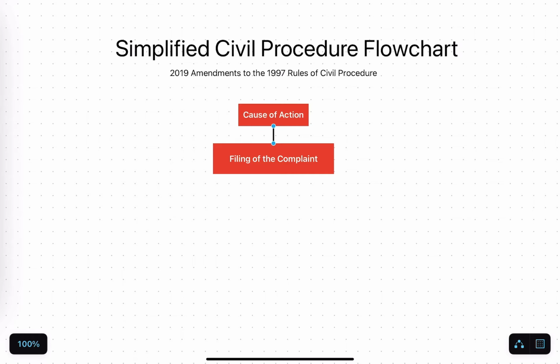The requisites must comply with Rule 7 of the 2019 amendments, and also, if required, if applicable, a certificate to file action from the Katarungang Pambarangay. Now that means barangay conciliation certification that the amicable settlement has been done within the barangay.